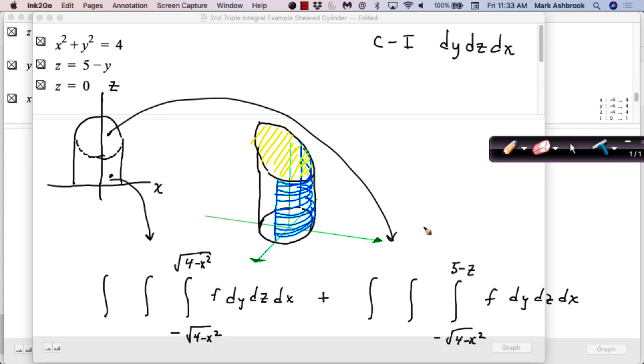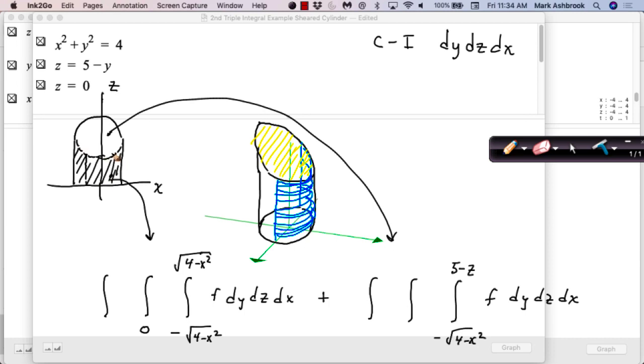Okay, so do this first one here. So bottom to top. What's the bottom? z goes from 0 to what? This, right? We're talking about right through here, the square root of 4 minus y squared.